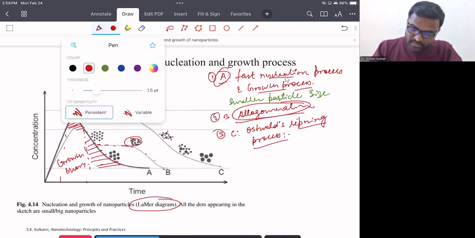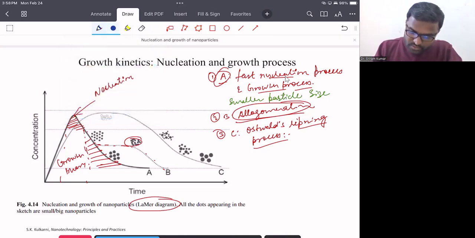Let's understand this one. So in the third case, in the Ostwald ripening process, if we think about the time, we have this much time required.